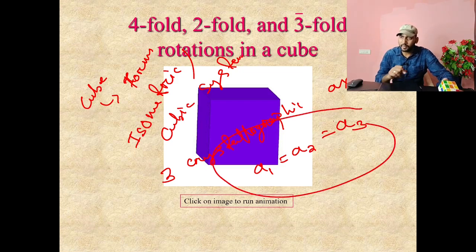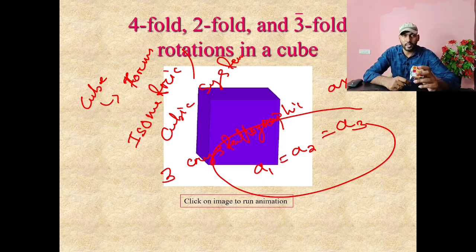We have three crystallographic axes which are equal in length. So first we will see if the cube is showing rotational symmetry with respect to the crystallographic axes, and if it is, how many folds, or how many faces are repeated in a complete 360-degree rotation.